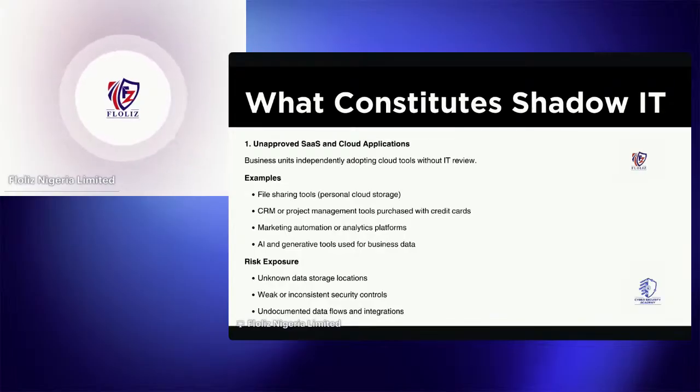This will pose unknown data storage issues because such free software like ChatGPT, we really don't know how much of our data is at risk. Where are these data stored? What are the retention period? We can't answer those questions because there are weak security controls and undocumented data flow.